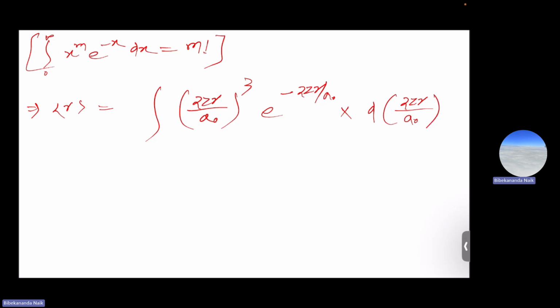Here we multiplied by 2z by a0 additionally, so we need to write a0 by 4z.